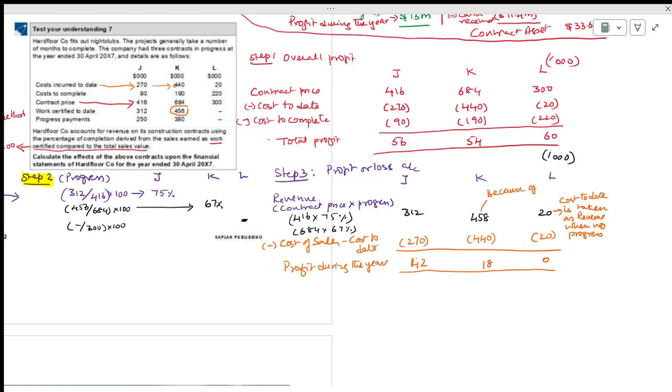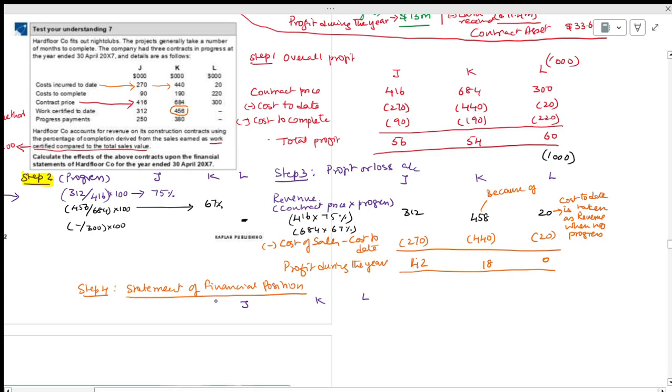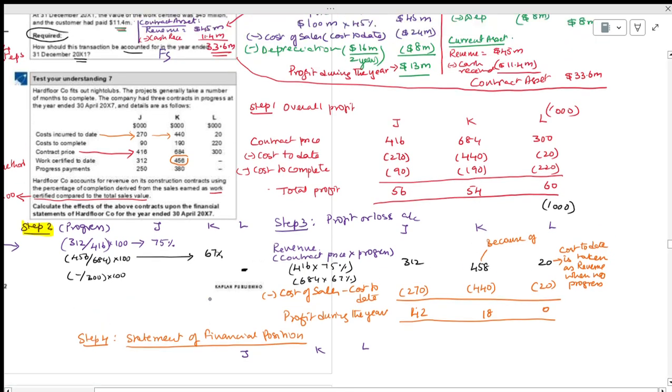Next. What do we have to do? Step 4 is the statement of financial position. What do we have to do in the statement of financial position?